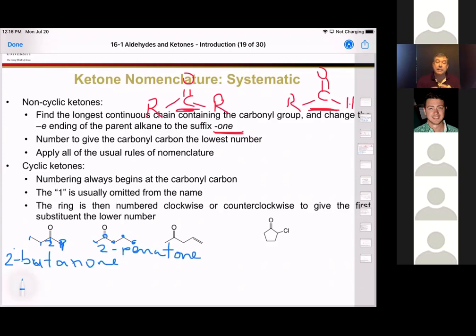Okay. Now, that's how you would name straight chains. If you're naming cyclic chains, what we'll end up doing is the carbonyl is always on the number 1 position, and then we'll name it for the number of carbons in the chain. So in the case of this compound here, we have 5 carbons in a ring, which would make it cyclopentane. So what we'll have to do is change it to cyclopentanone.